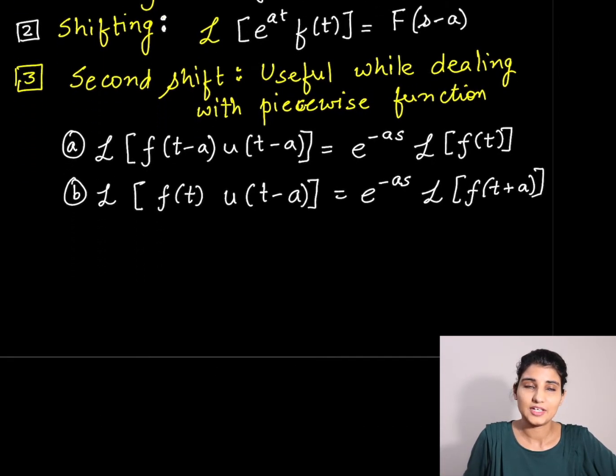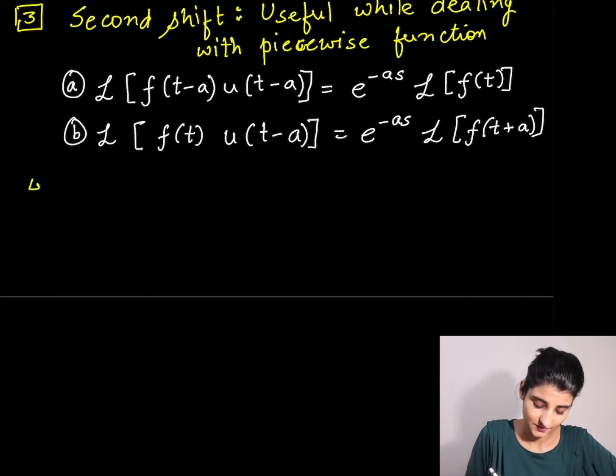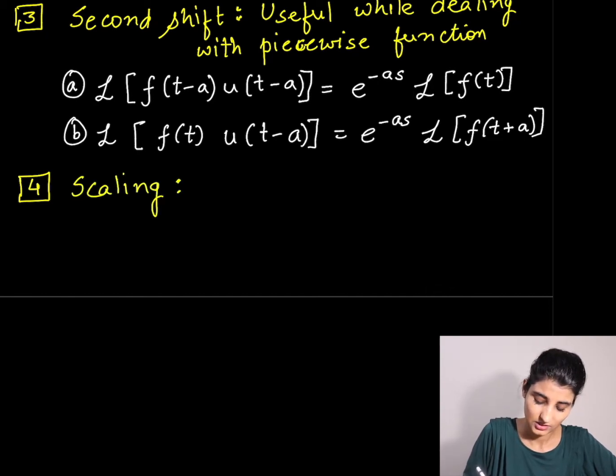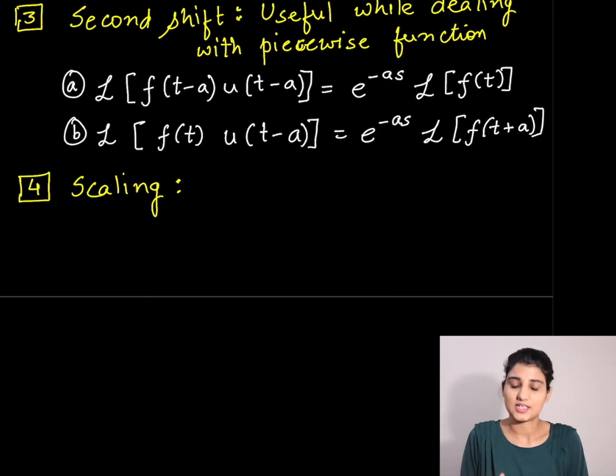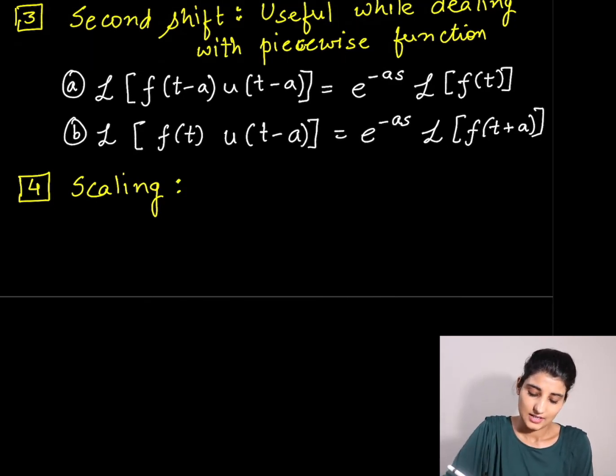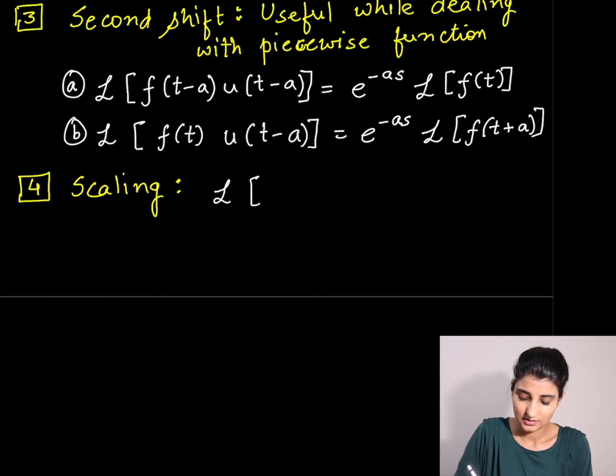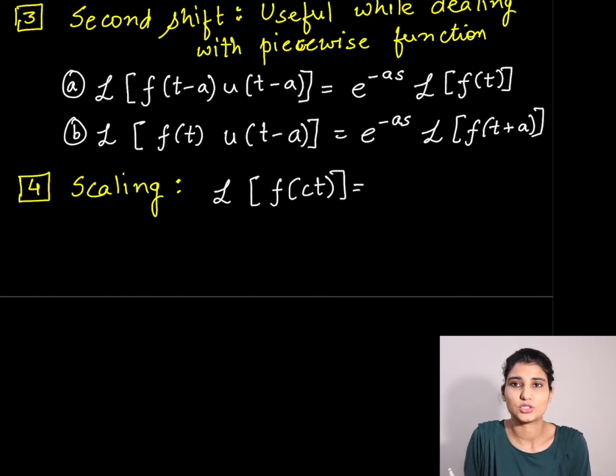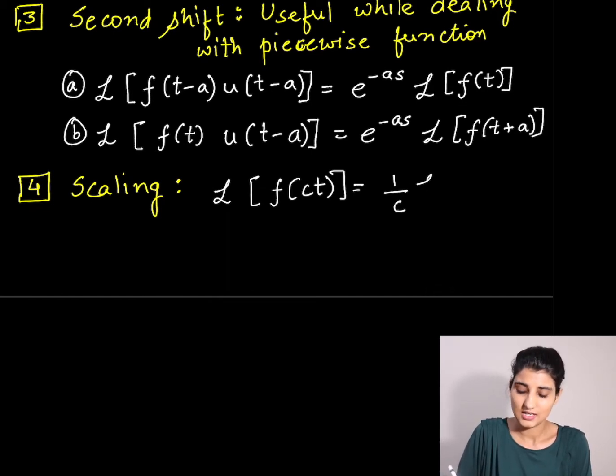Next important property is the scaling property. What does this scaling property say? So if you have Laplace of f(ct), where this c, as we decided, is going to denote a constant, it is the same as 1 over c times Laplace of f.